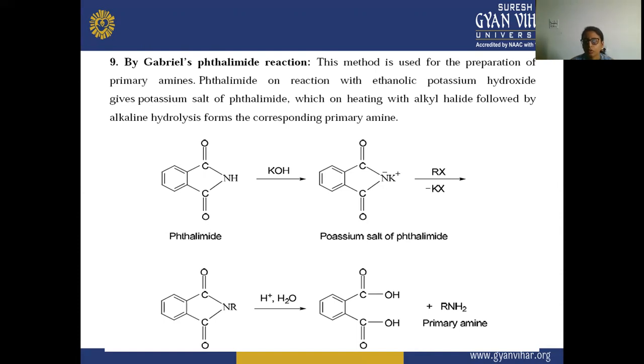this method is used for the preparation of primary amines. The phthalimide is going to react with ethanolic potassium hydroxide, and this gives the potassium salt of phthalimide, which on heating with alkyl halide followed by alkaline hydrolysis forms the corresponding primary amine.